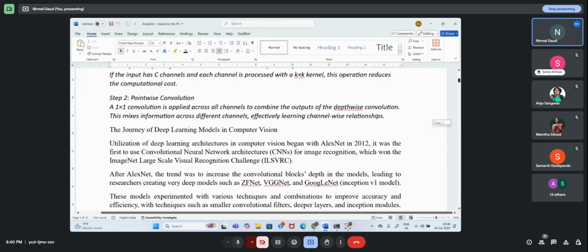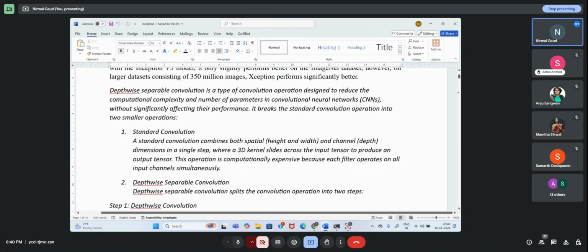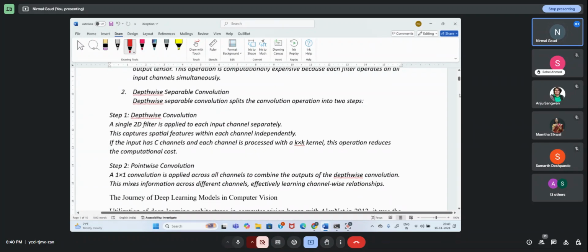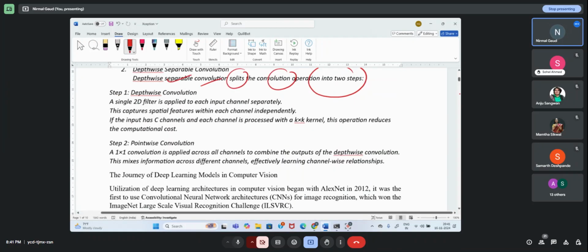Okay, fine. So the Xception algorithm performs depthwise separable convolution. In depthwise, we split the convolution operation into two steps. How? As I told, a 2D filter is applied to input channels separately.